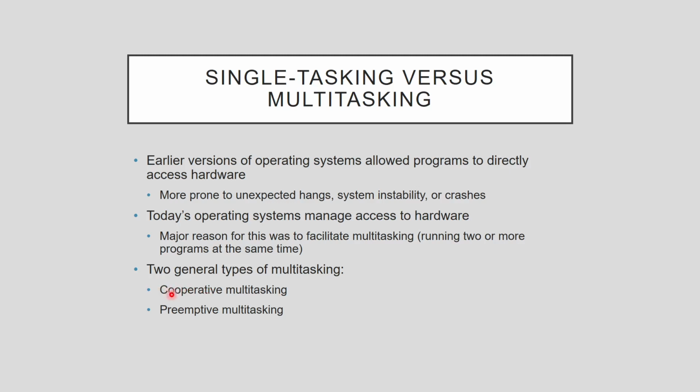The first method is known as cooperative multitasking, where the operating system hands over control to a program, sits back, and waits for the program to hand control back to the operating system. And the other one is preemptive multitasking.